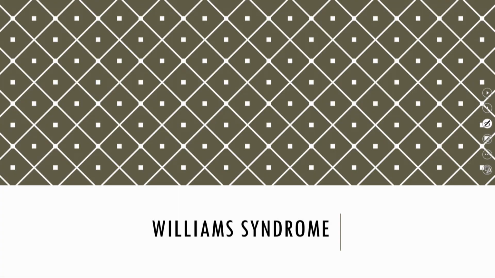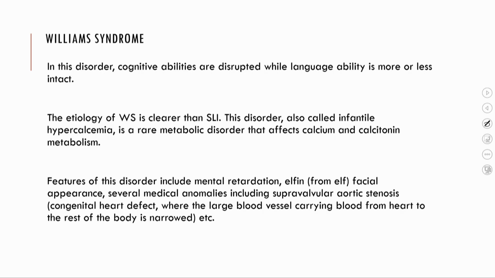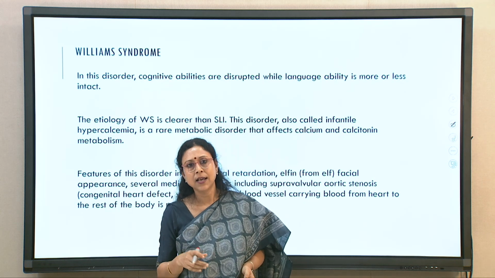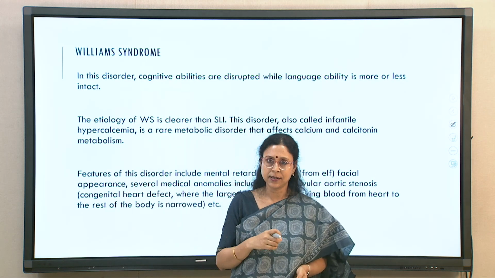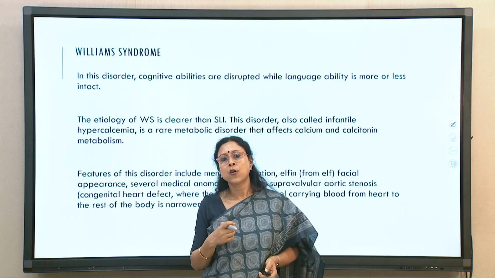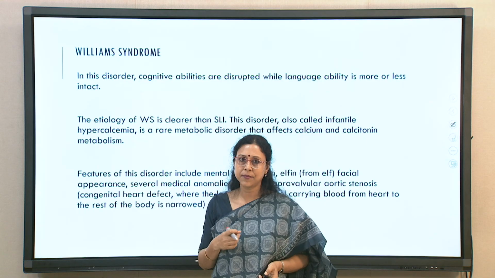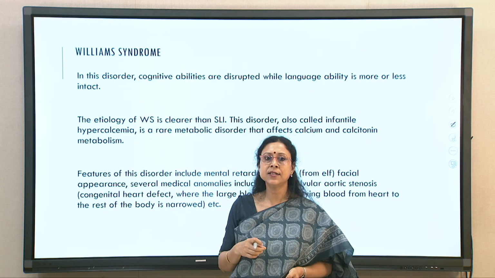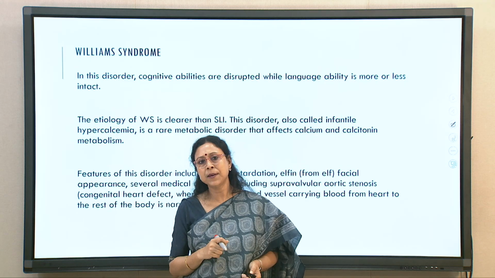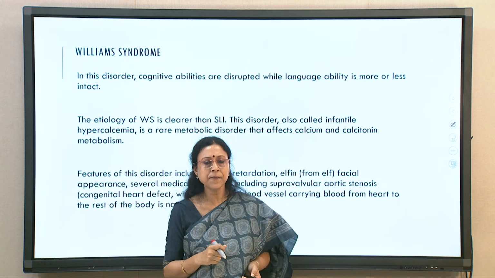Now, we move on to Williams syndrome. Williams syndrome is the opposite of SLI in some senses, because in SLI the cognitive features are intact, language is affected. In Williams syndrome it is the opposite. In this disorder, cognitive abilities are disrupted while language ability is more or less intact. The etiology of Williams syndrome is clearer than SLI.